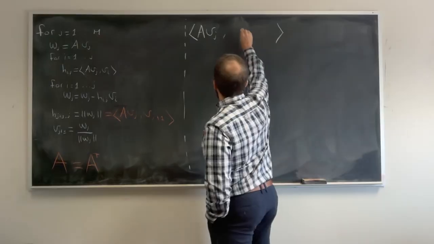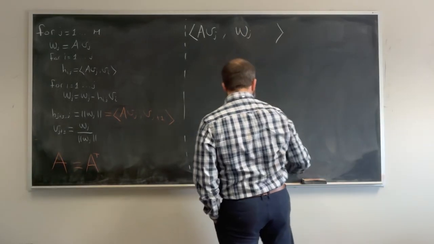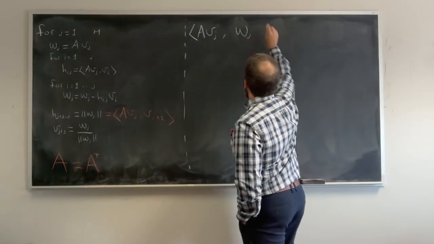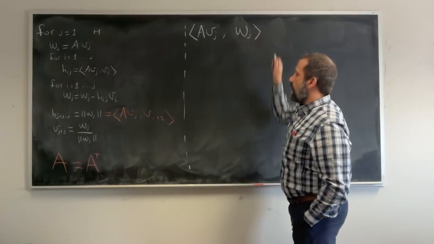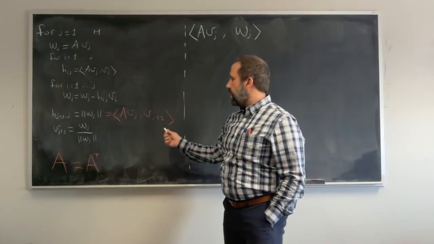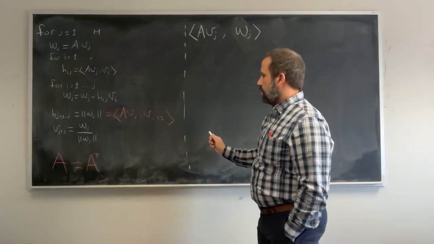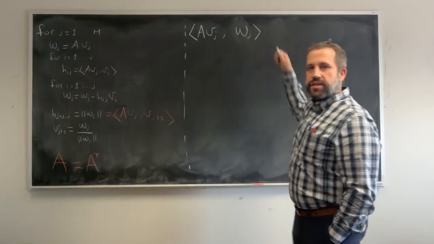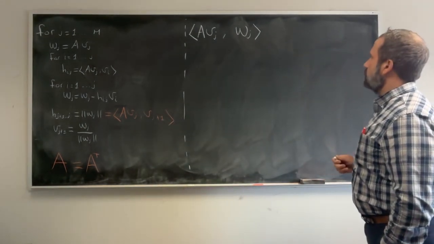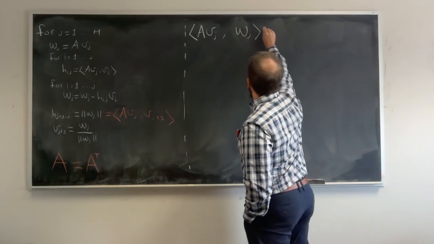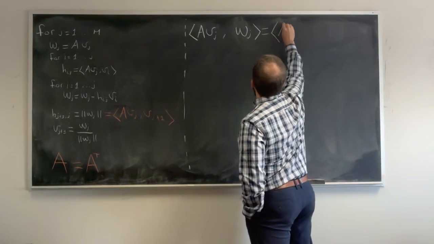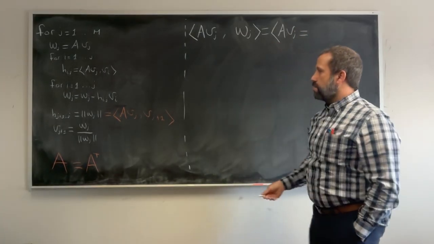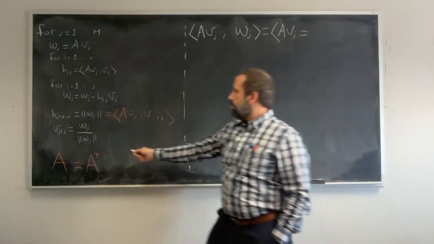So the first thing we're going to compute is the inner product of AVj with Wj. If you multiply this quantity by the magnitude of Wj, you get this quantity right here. Now we're just going to write out what this is. What is Wj?